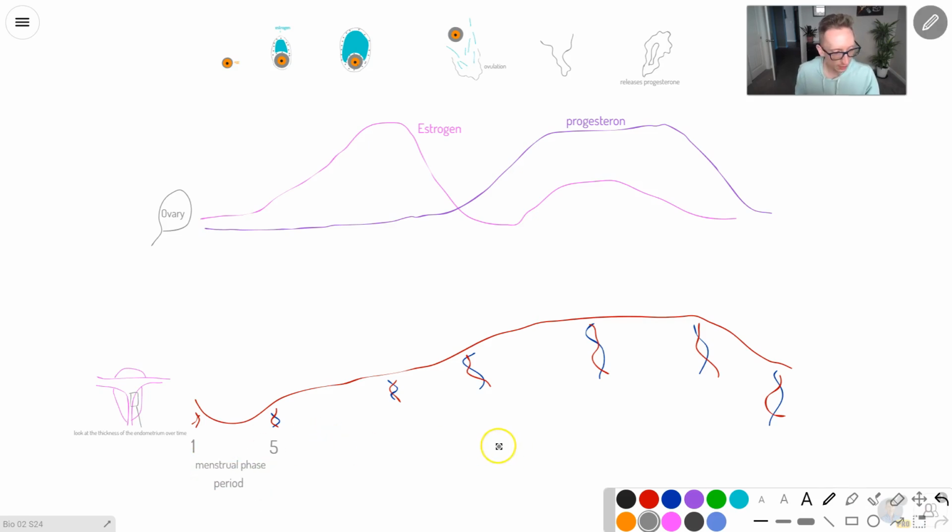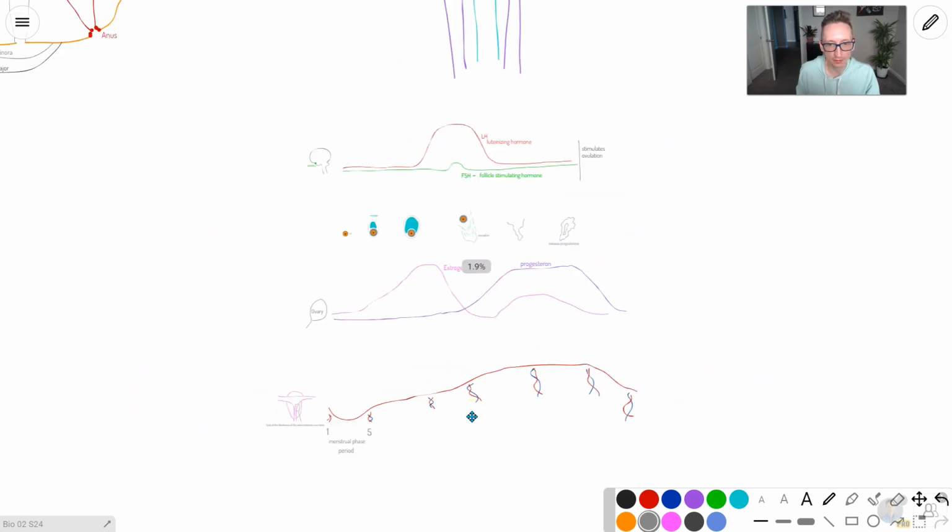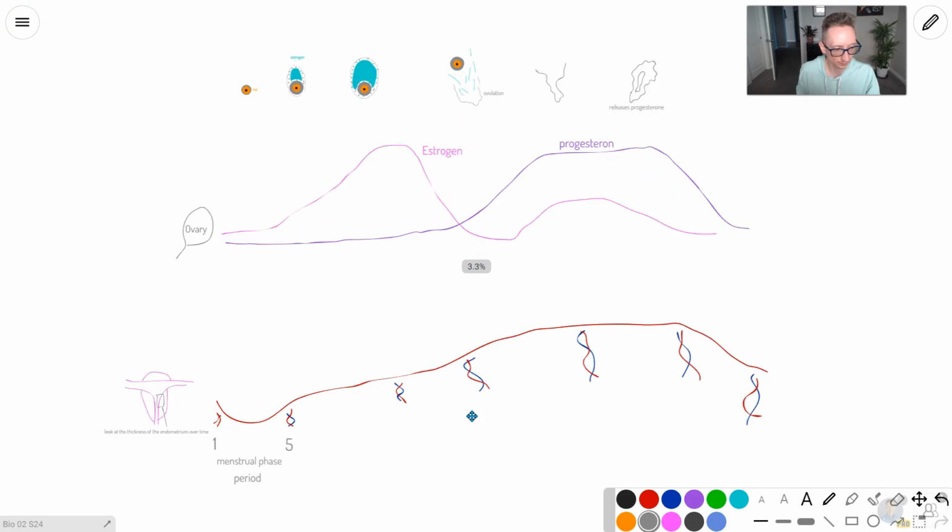Okay, and then days 5 to 14, kind of as ovulation is occurring, this is your proliferative phase. This is when you're building your endometrium up.